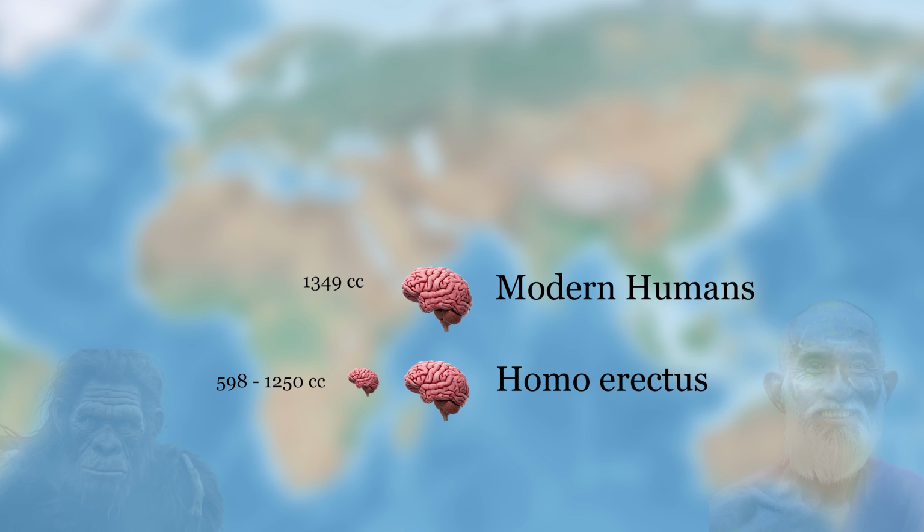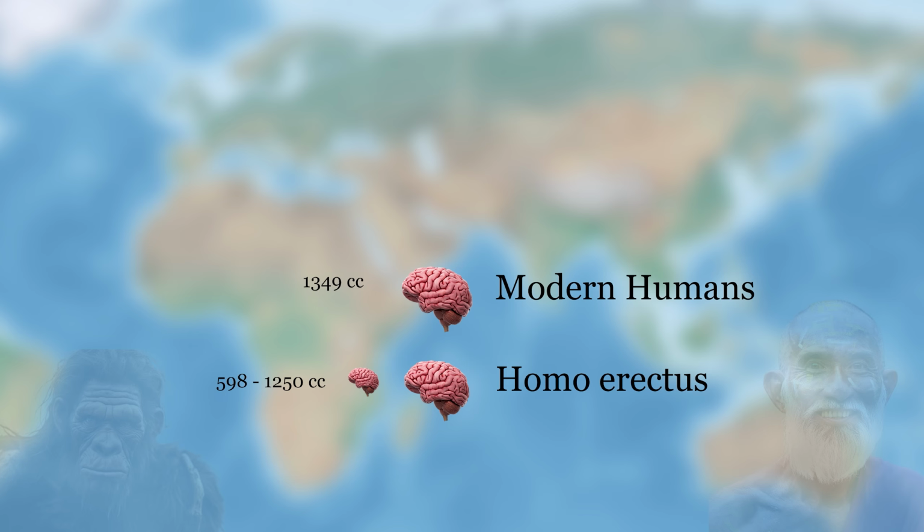This is telling us that at least some developmental stages are shorter in Homo erectus than in modern humans, which isn't a huge surprise when you consider the brain size difference. Some of what we call early Homo erectus individuals have brain sizes that are as small as 600 cubic centimeters. There are a couple other interesting points made in this paper.